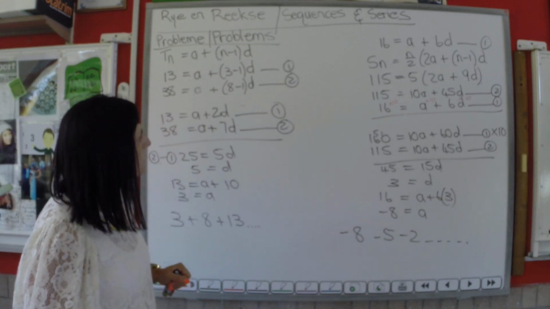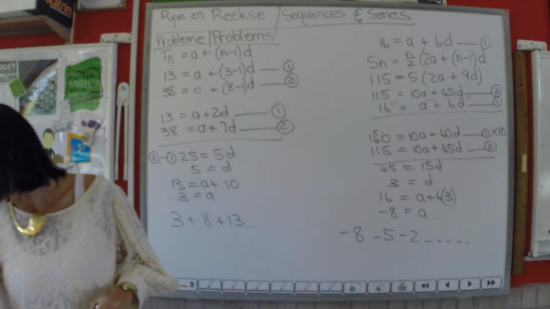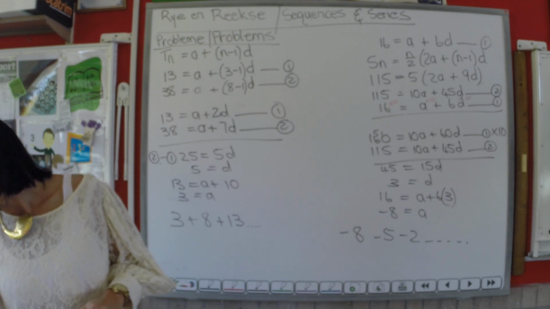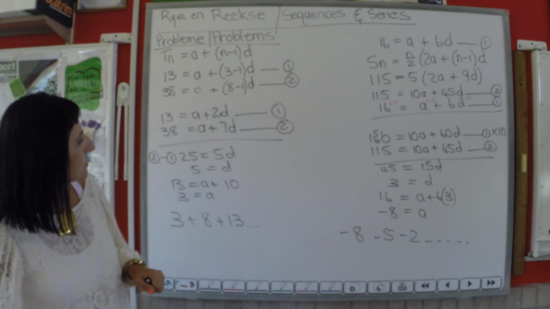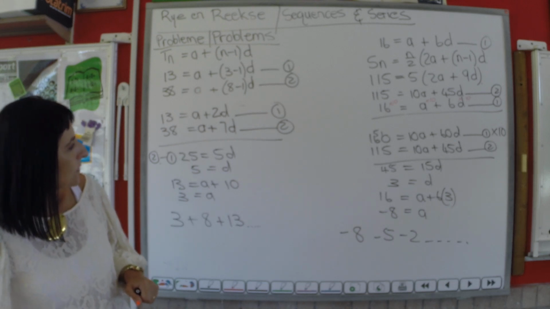Minus 2 is the first term, and just check whether that's going to be D equals 3. Let me just check the first term.